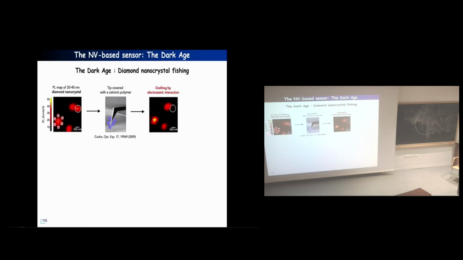Once this is done, because those guys tend to be negatively charged, you cover your tip with a cationic, positively charged polymer, and you try to fish the proper diamond nanocrystal to put it on your probe. Then with a PL map, you can check it is there.